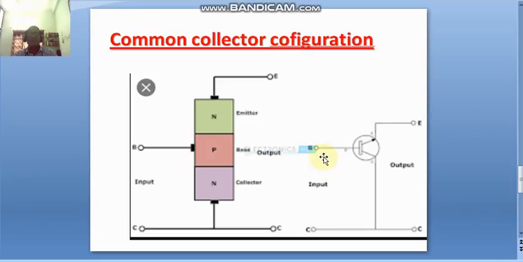The input is given between base and collector region, and output is taken from collector and the emitter region in the circuit. Here also the arrow mark represents the conventional direction of the current. It is away from the base, therefore this is an NPN transistor. So this is the common collector configuration in the case of an NPN transistor.